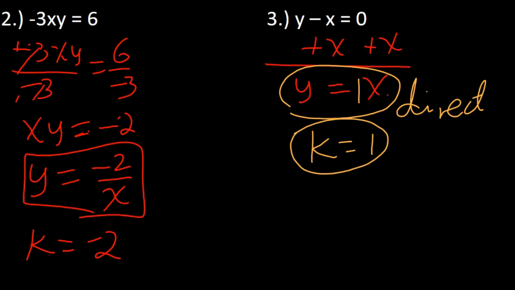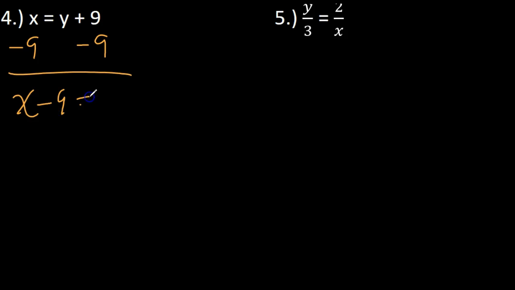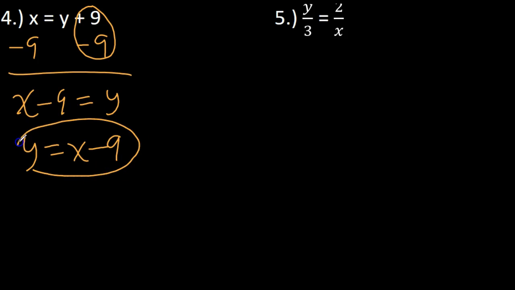All right, moving on. x equals y plus 9. Again, solve for y by subtracting 9 from both sides. So we have x minus 9 equals y, because this part becomes 0. Or you can say y equals x minus 9. Either way, just write it. But look at what we have.